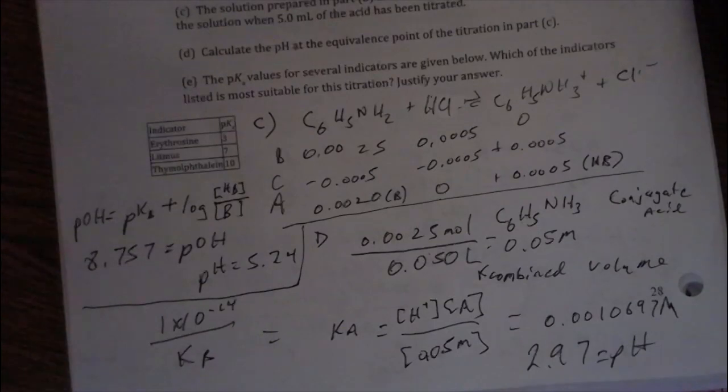So if that's going to be our equivalence point, and we want to determine an indicator that will show that, we need an indicator that has a pKa close to that point. Right? So what do we see here? Which indicator would we use? Erythrosine? Erythrosine, because it has a pKa of 3.